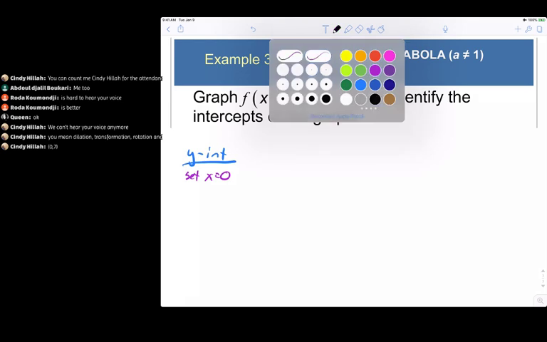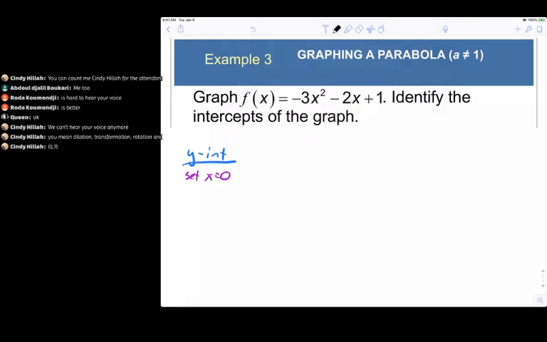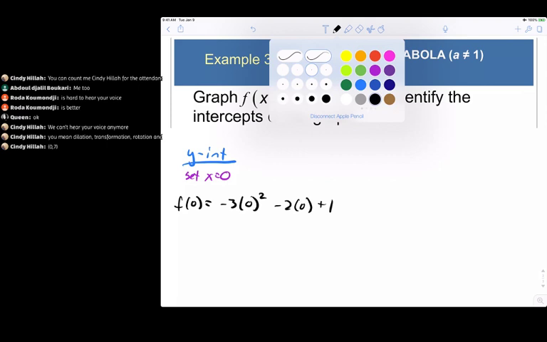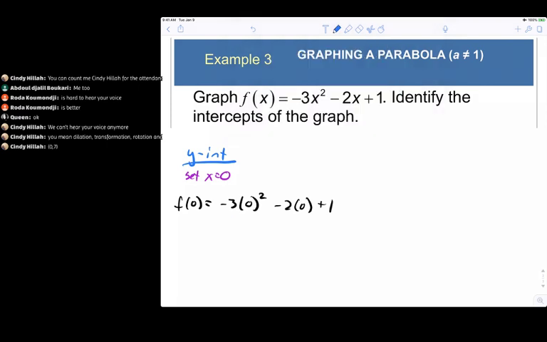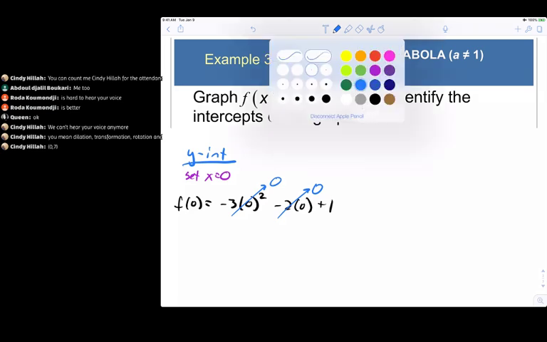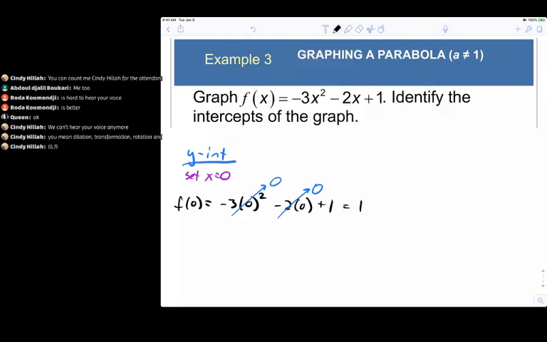So we're basically going to do f of 0. It's going to be -3 times 0 squared minus 2 times 0 plus 1. So then that goes to 0, that goes to 0, and our result is 1, right? So the y-intercept is going to be (0, 1).